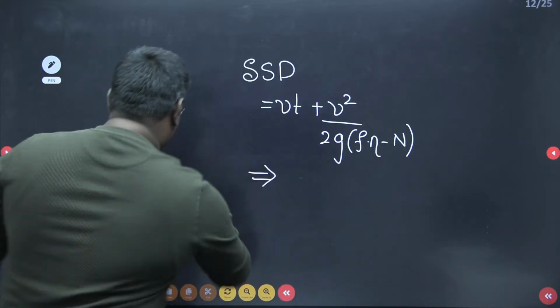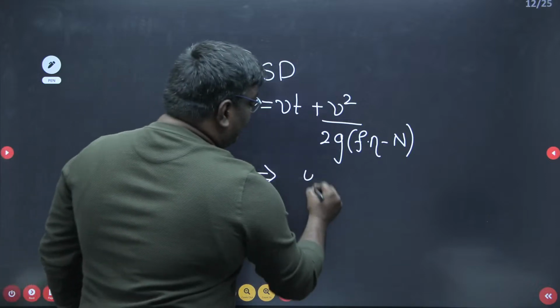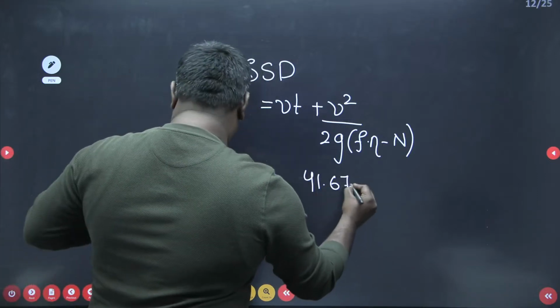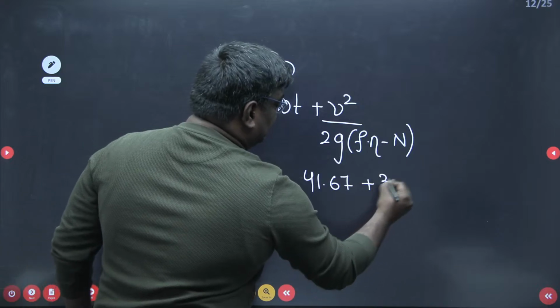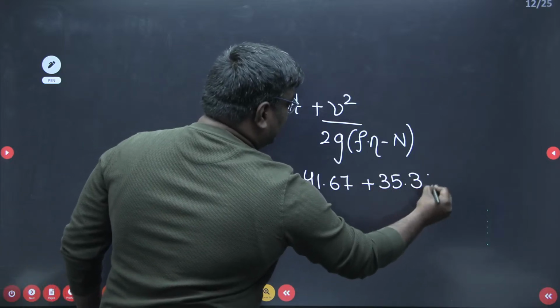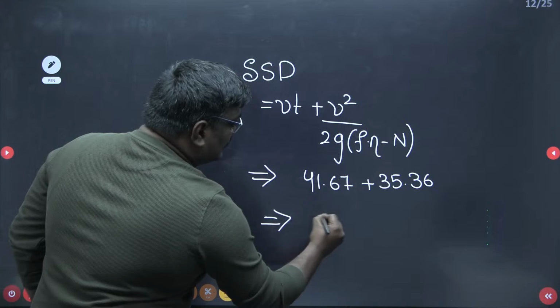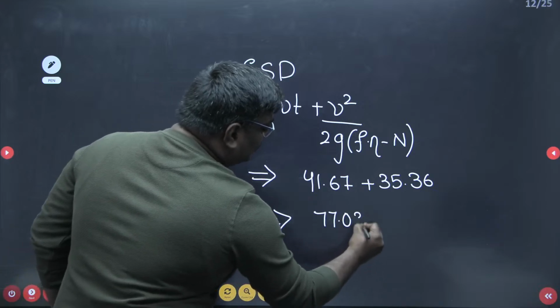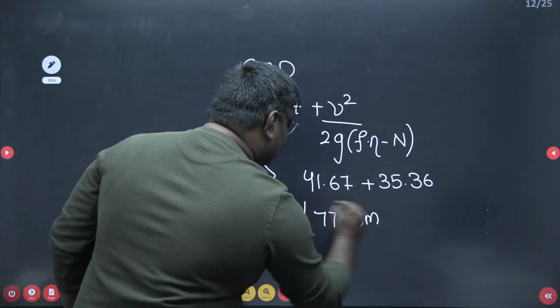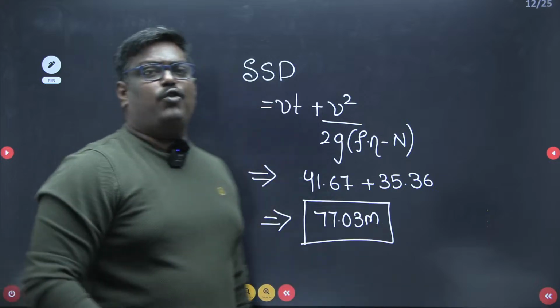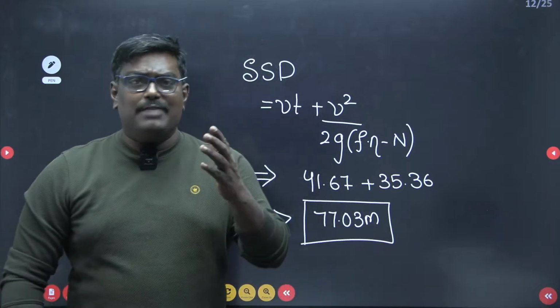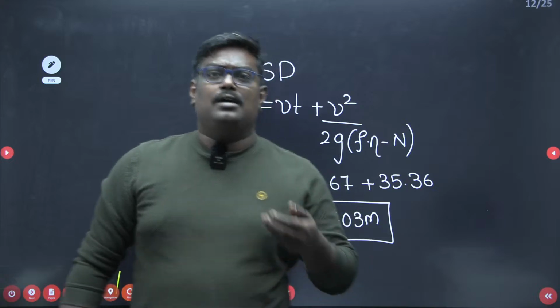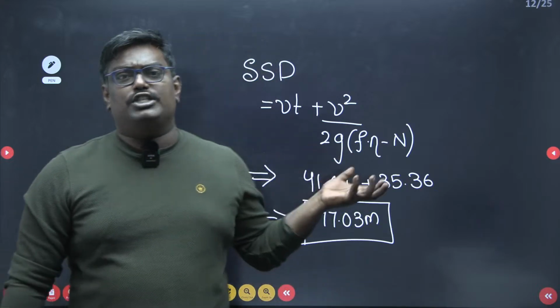It will be equal to 41.67 plus the other one, 35.36. If you solve this, you will get a value of 77.03 meters. So my dear students, these questions are very helpful for you when attempting the afternoon session, and these solutions will help you.